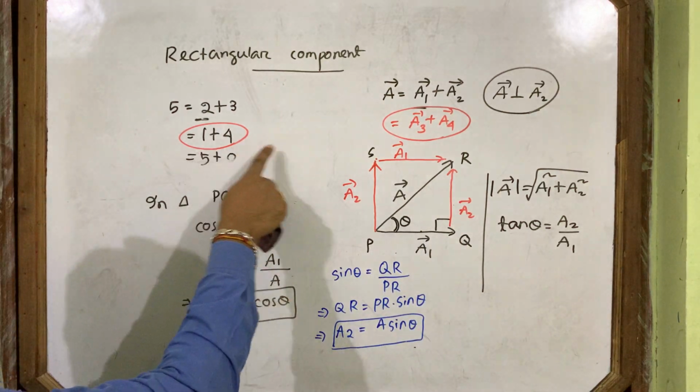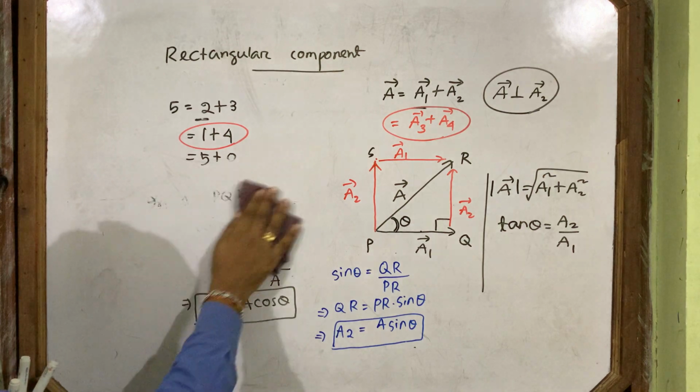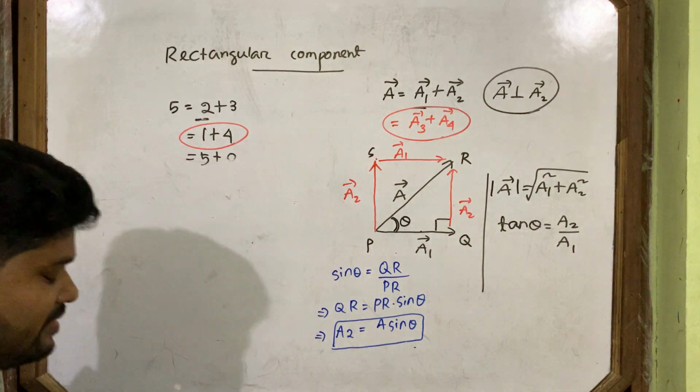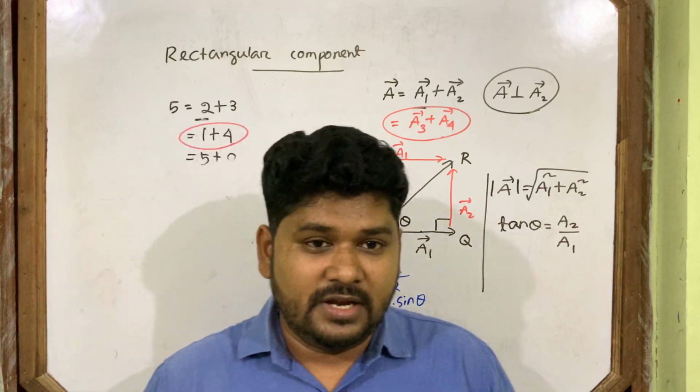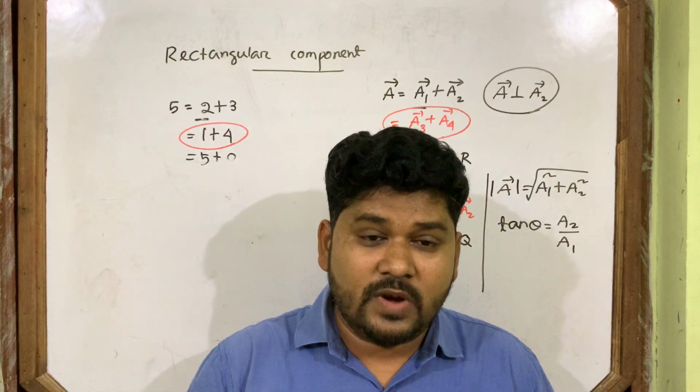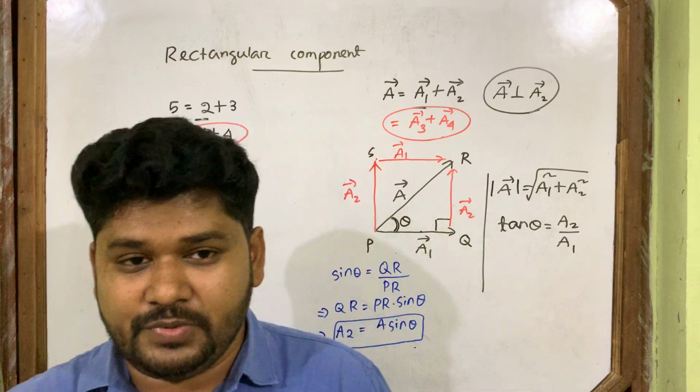But what about this other pair, A3, A4? Let's see another one. Sometimes the question comes: a vector can be divided into how many pairs of rectangular components?